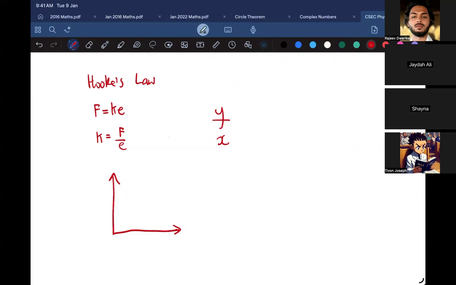Okay, let me run back through a concept that's very simple. You know that gradient is y2 minus y1 over x2 minus x1? Right. So if I want to find the gradient, I would take two points, and on top I would put the y values.